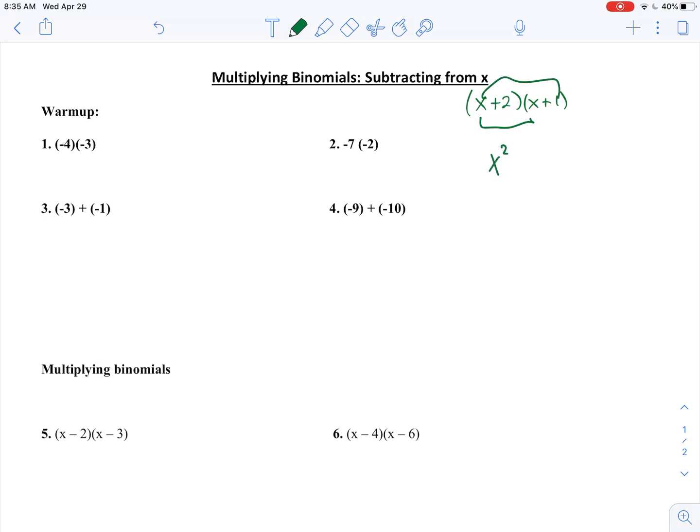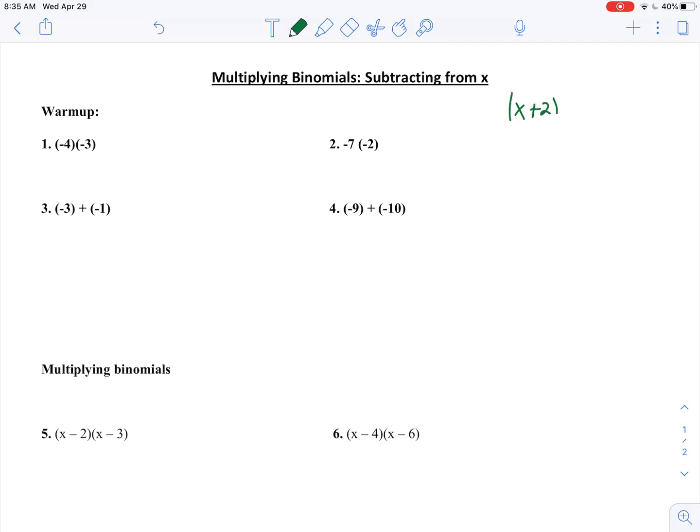We're going to be working with multiplying binomials again today. We've done positive ones, where we take our FOIL method.